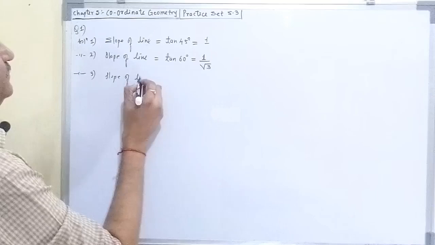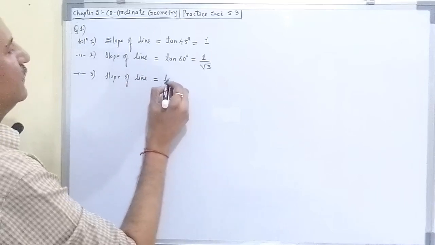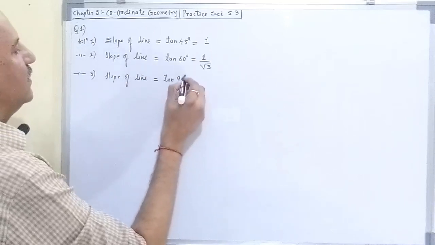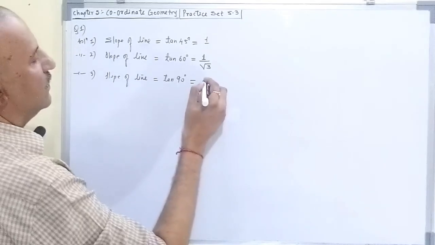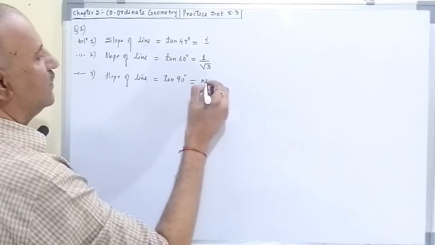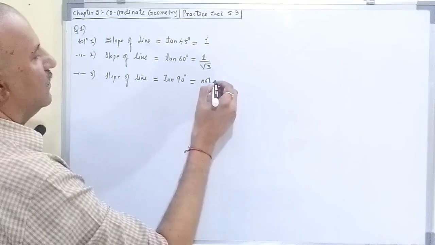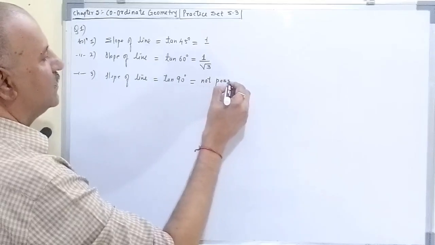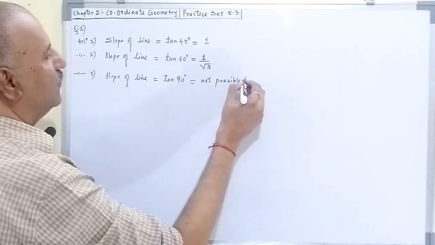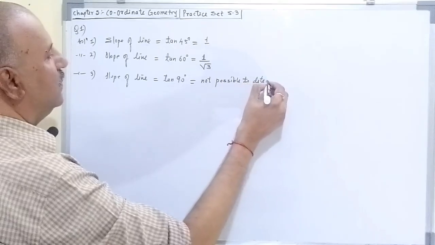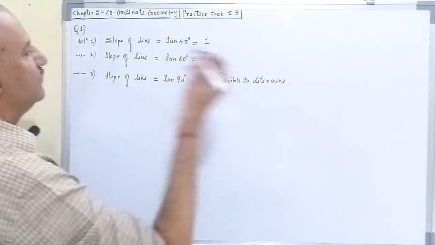Slope of line tan 90 not possible to determine. Okay.